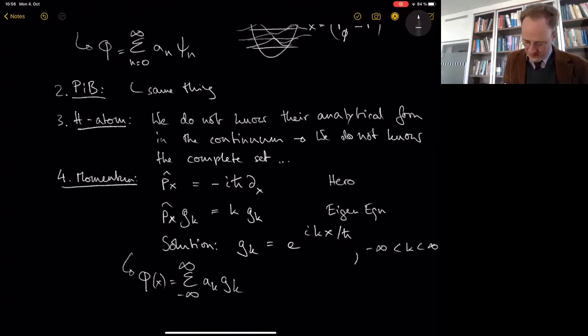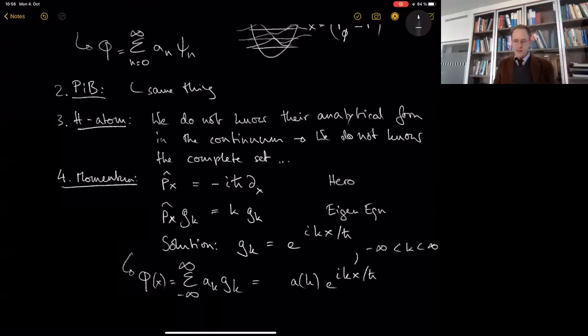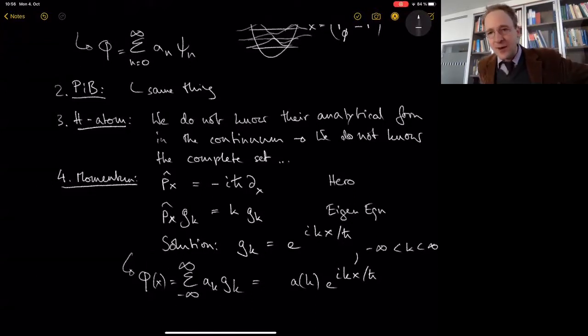Now, if we write that out, I now put the explicit form of the eigenfunction in, and I put the index k as an argument for your a, for your prefactor, your coefficient.